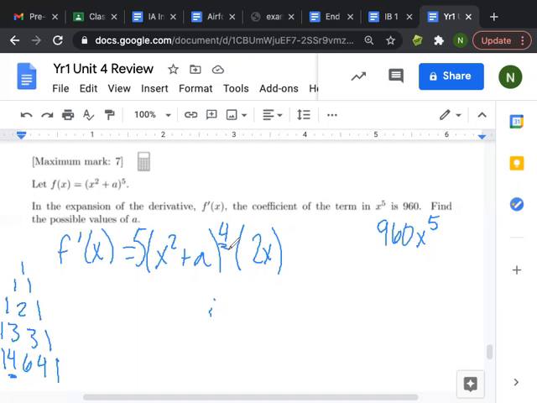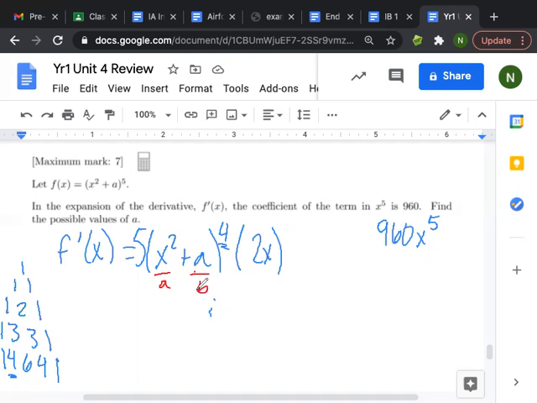Okay? When I start this, this is called my A term, and this is called my B term. I know that's confusing because this is an A, but it's called my B term because it's the second thing.